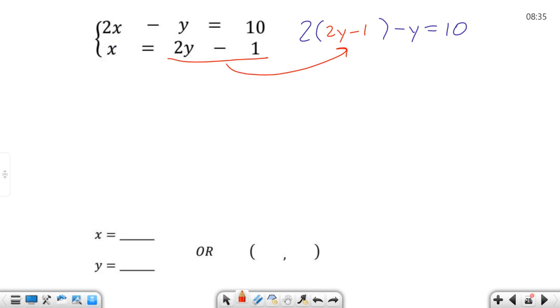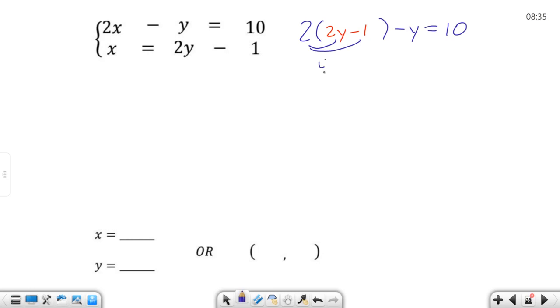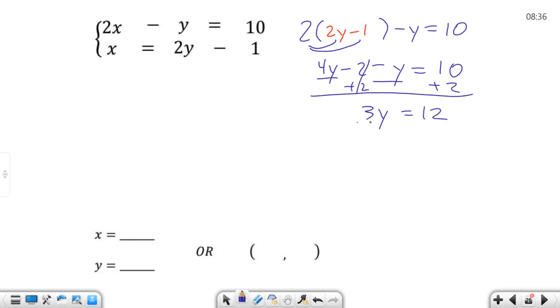So that's going to give us, when we distribute the 2, 4y minus 2, minus another y equals 10, right? So this part becomes 4y minus 2, and then the minus y gets brought down. And that gives me, put these together, 3y, and I'm going to go ahead and add 2 because I can't do anything else with that 2 on that side anyway, equals 12. Divide both sides by 3, and what do we get for y? We get 4. So y is 4.